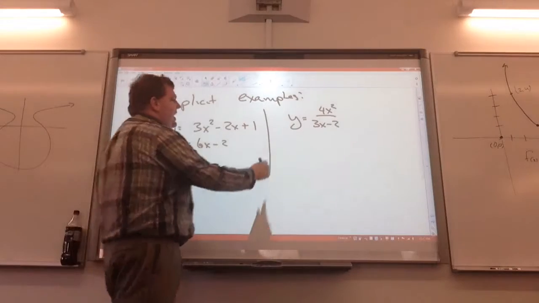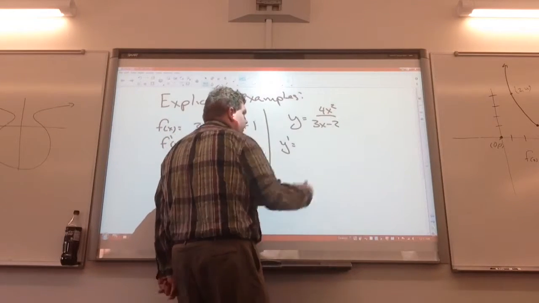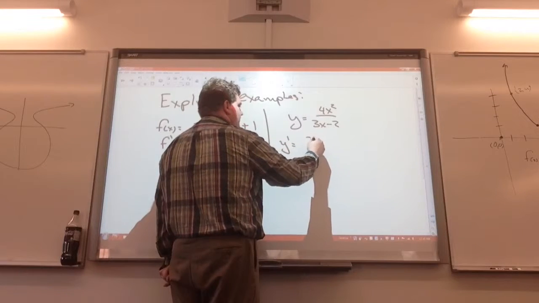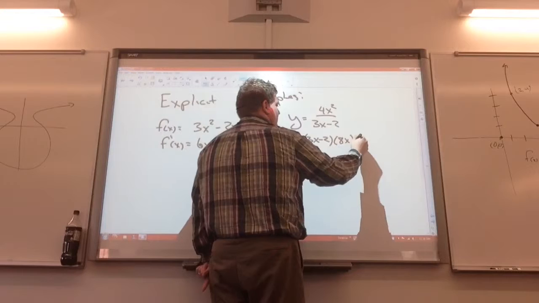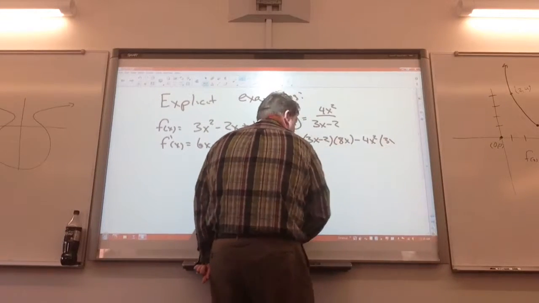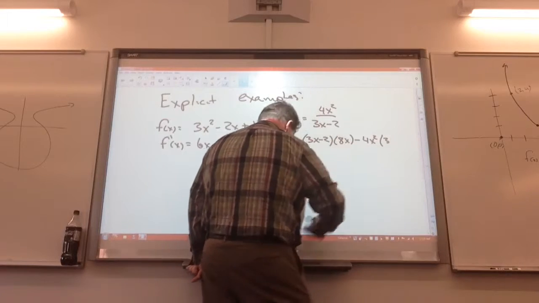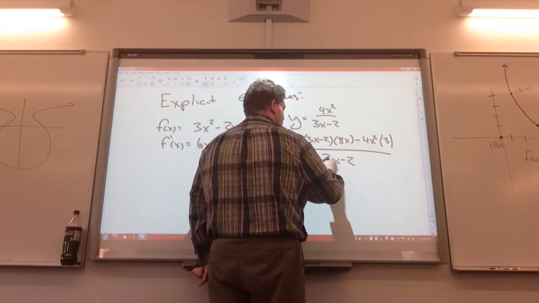We would say y prime is equal to, what rule would I use? Quotient rule. Low-D high minus high-D low, over low squared.